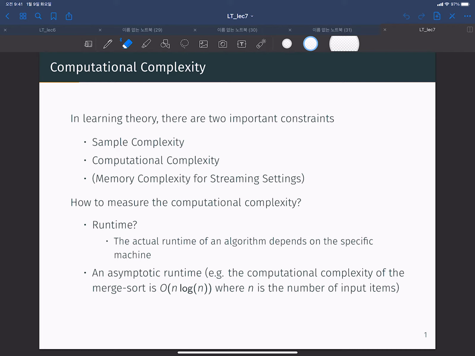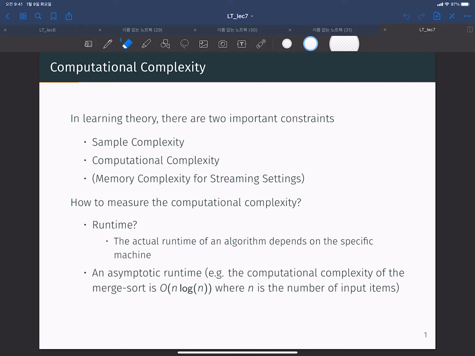So we have to design efficient algorithms, and an efficient algorithm means that although we increase the number of data points, if we tighten our performance constraints, which means we want a smaller epsilon and smaller delta, our algorithm can guide our model to satisfy the constraint with a feasible amount of computations.